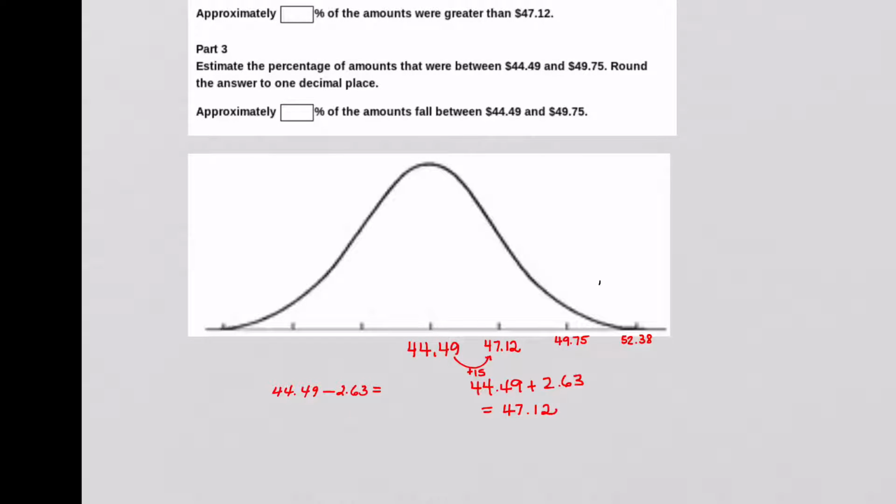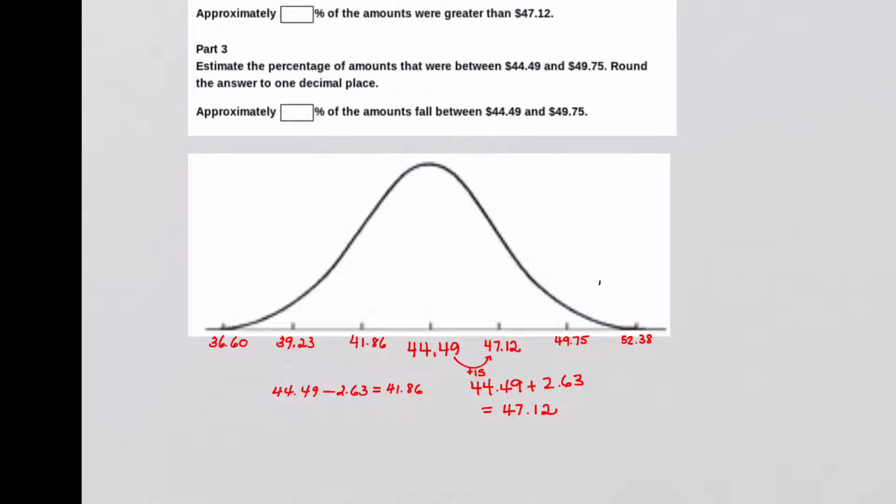And when I do that, I get $41.86. That's $41.86. And then $39.23. And $36.60.